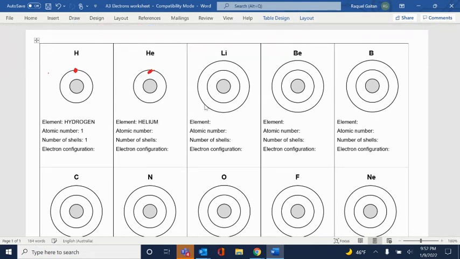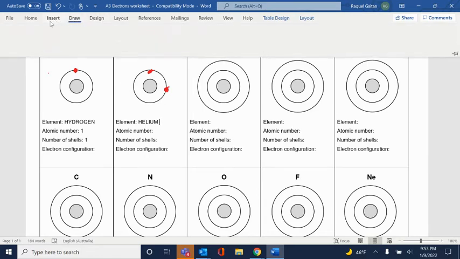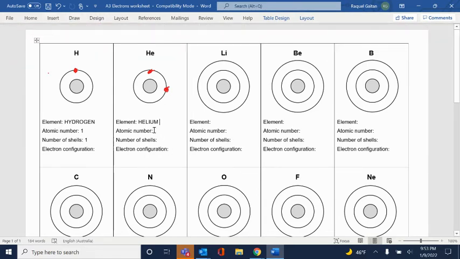Let's make a little circle there. And then 2. Okay. And so the atomic number from the periodic table was 2, and I only used 1 shell. Boom.